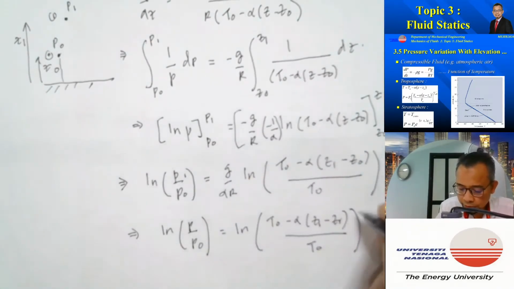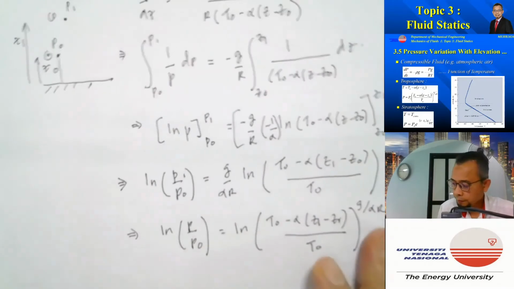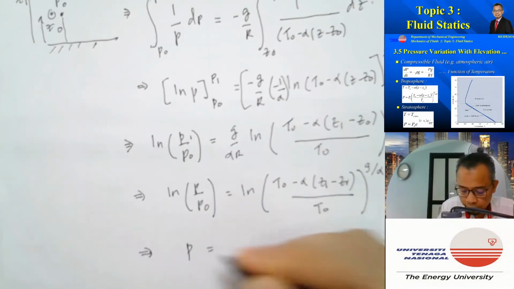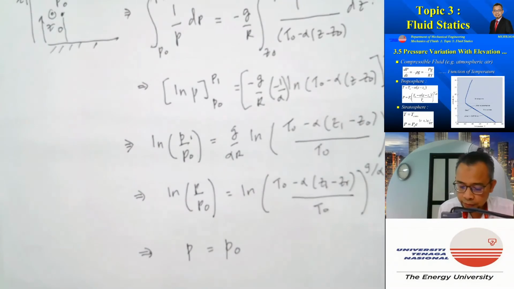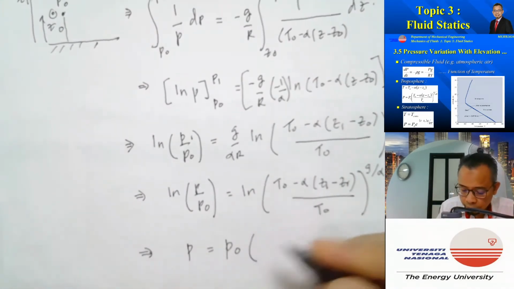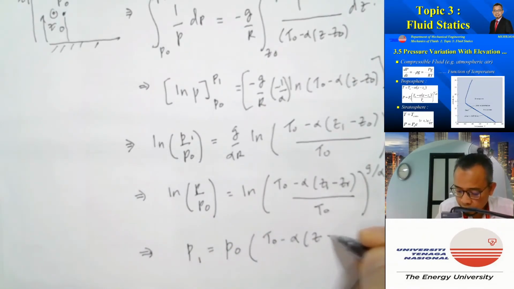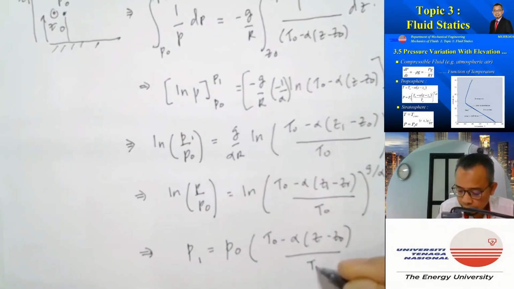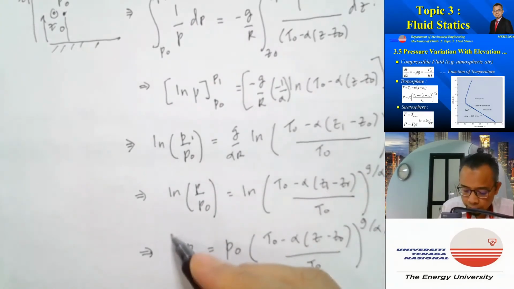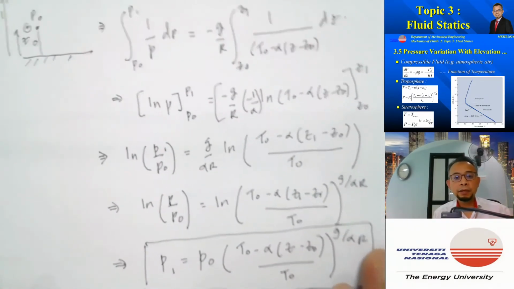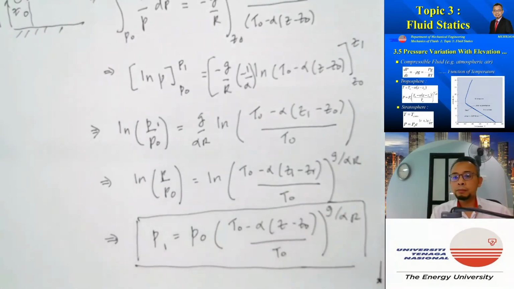Removing the log, we have P1 is equal to P0 times (T0 minus alpha (z1 minus z0)) over T0, to the power of g over alpha R. This is how pressure varies in the troposphere.